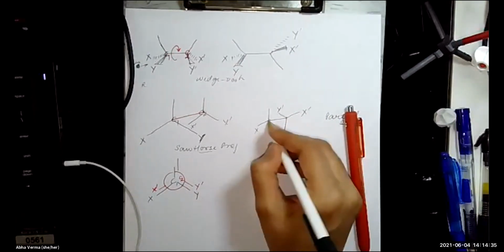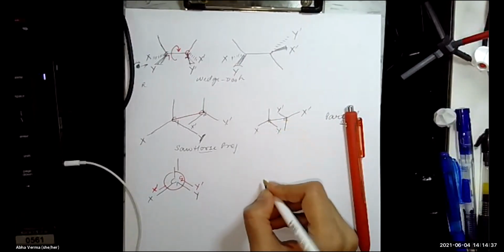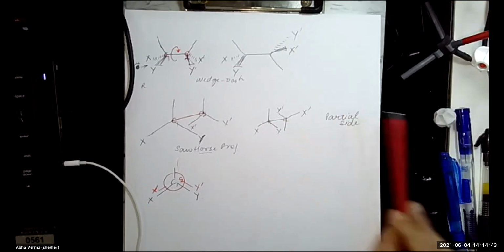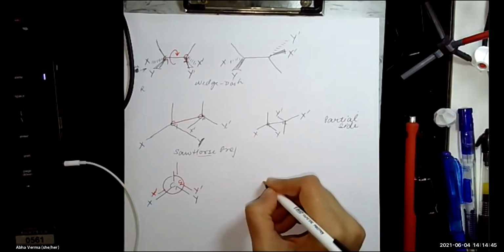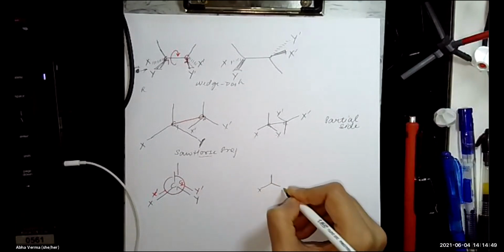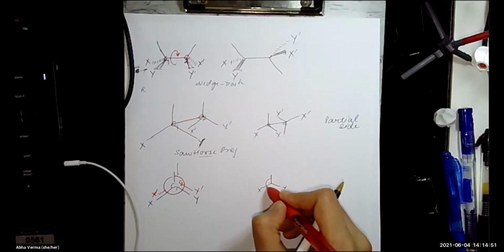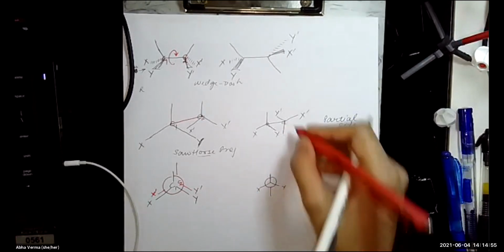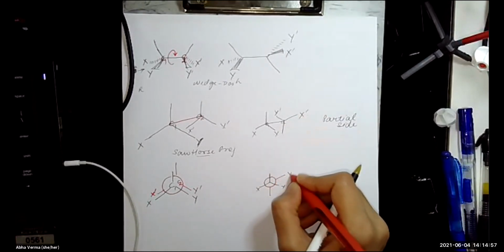C1, C2. So C1 is right here, X, Y. I have this circle. This group is going down. X prime is right here.